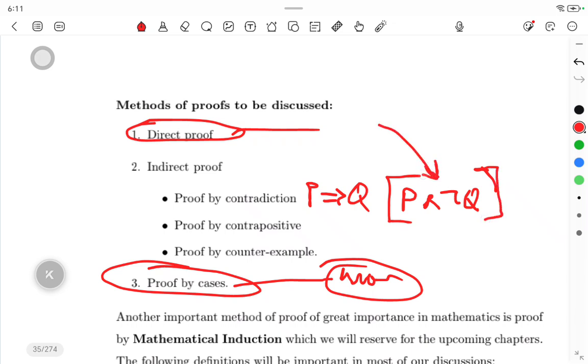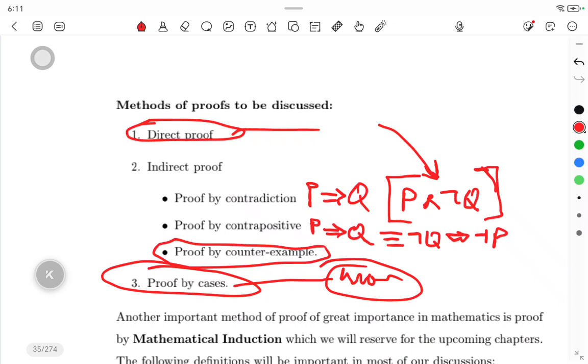You're going to assume this. When we come to contrapositive, they say that if I'm given P implies Q, this will be logically equivalent to negation of Q implies negation of P. Then when we come to a counterexample, that's what we'll talk about for disproving. If they give you a certain theorem, how do I disprove it? And so on. All right? So that's what we need to know.